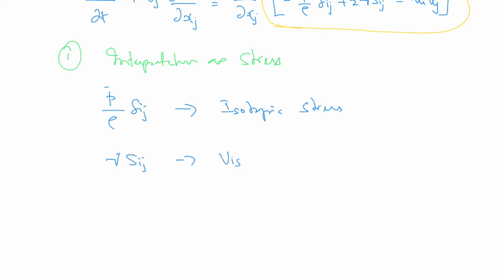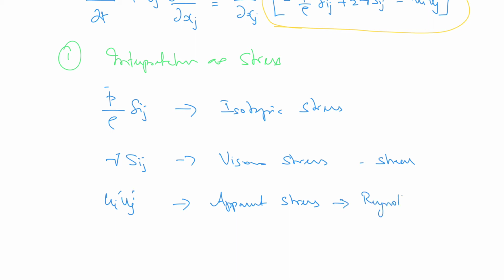This would be the viscous stress, which usually occurs in the form of shear. Then we have this ui'uj', the fluctuating component, the stress which is the result of deriving the Reynolds mean momentum equation. We call it apparent stress, and it is conventional for us to call it Reynolds stress.